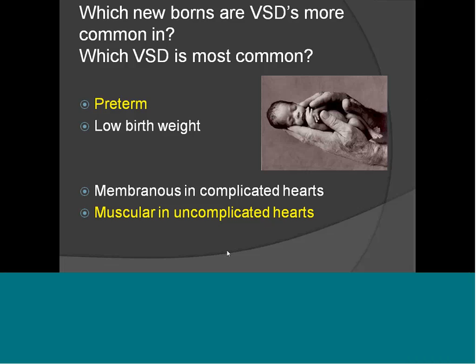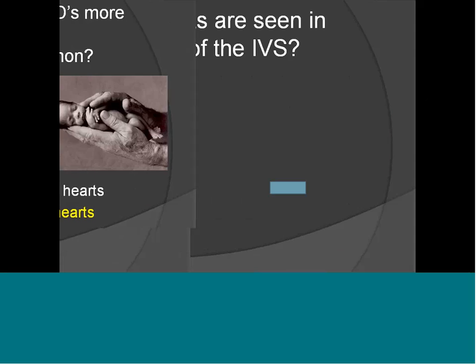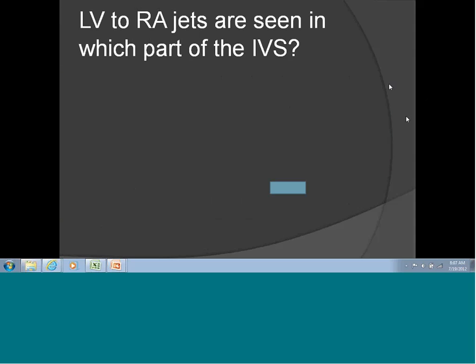I see only Prakash answering, so I need everyone to have their coffee and wake up. Left ventricular to right atrial jets are seen in which part specifically of the interventricular septum? LV to RA jets. So AV septal, so you're saying it's in the inlet septum.